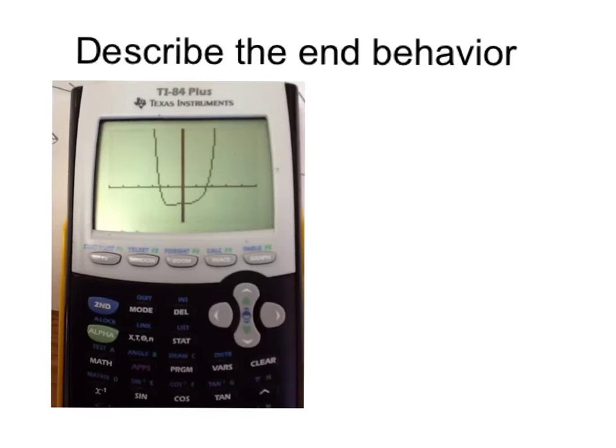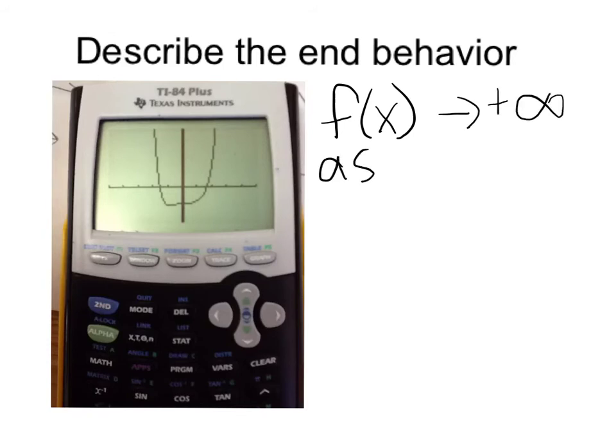Next, you want to describe the end behavior, and you can actually describe the end behavior from your sketch of your graph or your calculator. It's up to you. For this one, I have demonstrated using my calculator, so I have my calculator in front of me. I'm looking at the graph, and I would say that the function goes towards positive infinity as the input goes towards positive infinity.